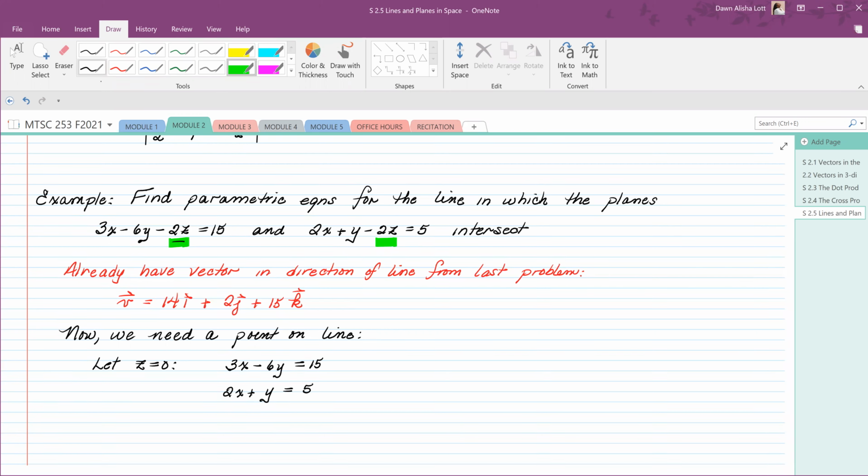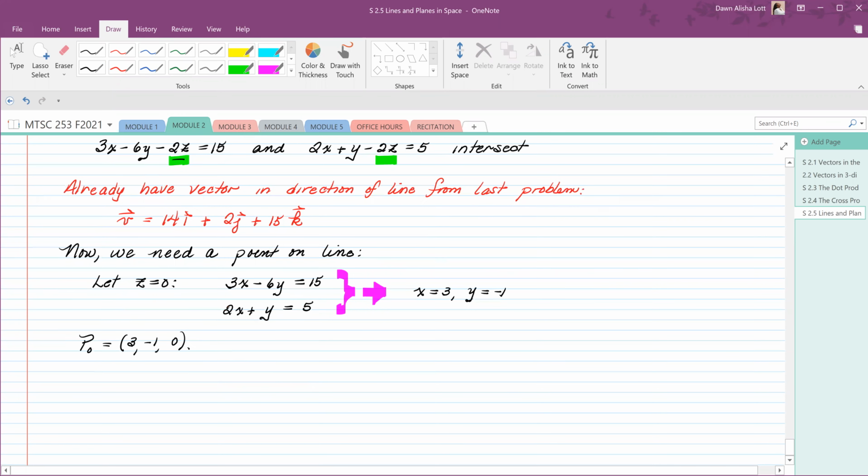So now these two give me that x is equal to 3 and y is equal to -1. So therefore, a point on that line is (3, -1, 0).